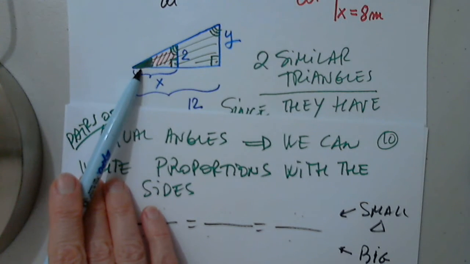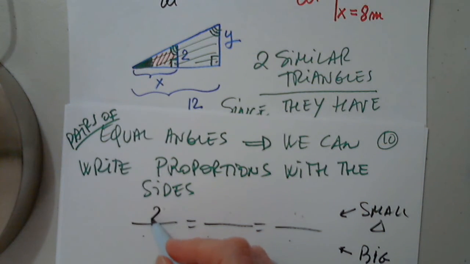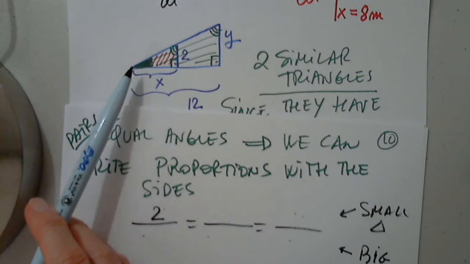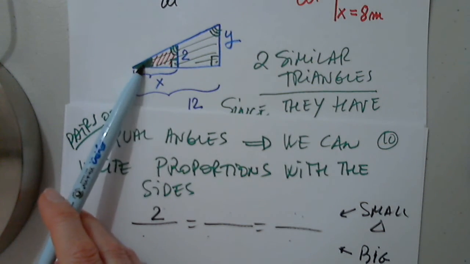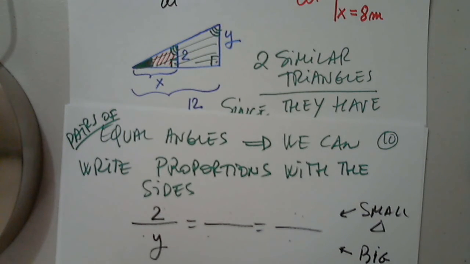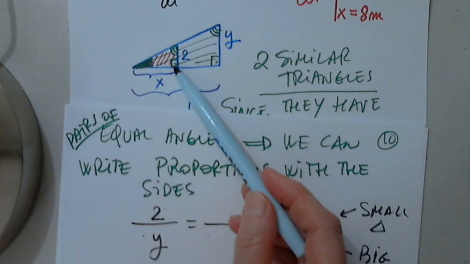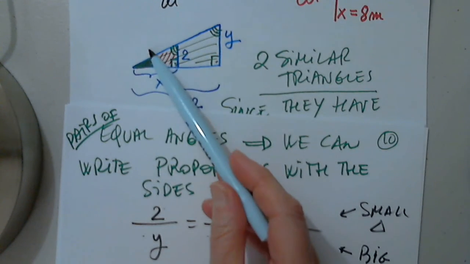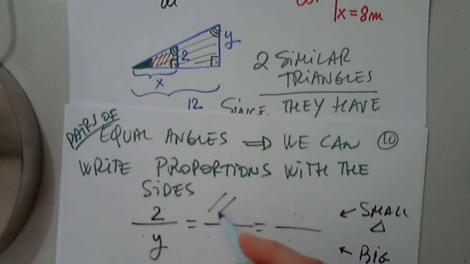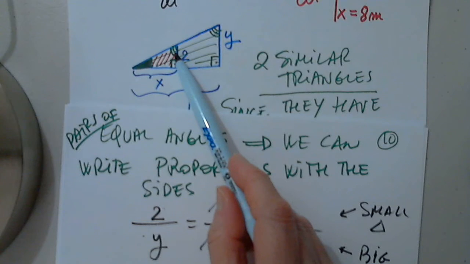So I start with a common angle. The opposite side of the common angle in the small triangle is 2. The opposite side of the common angle in the big triangle is y. I move on to the next angle. I move on to the next angle.